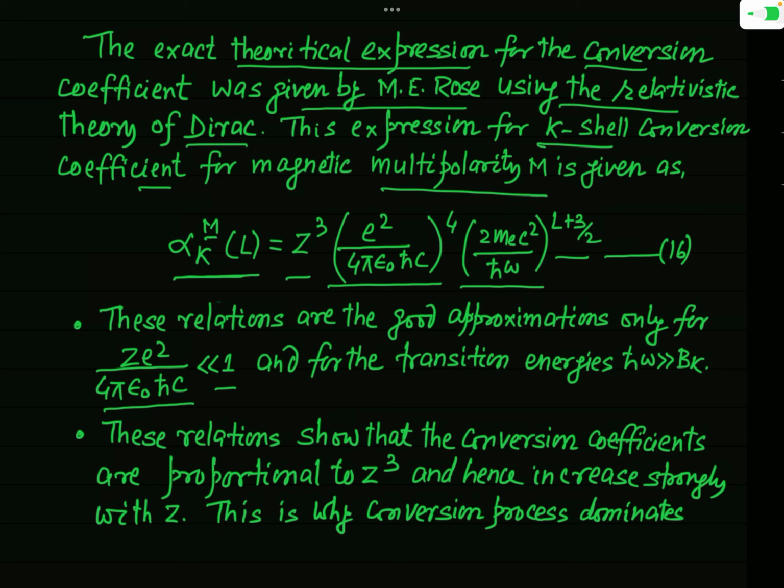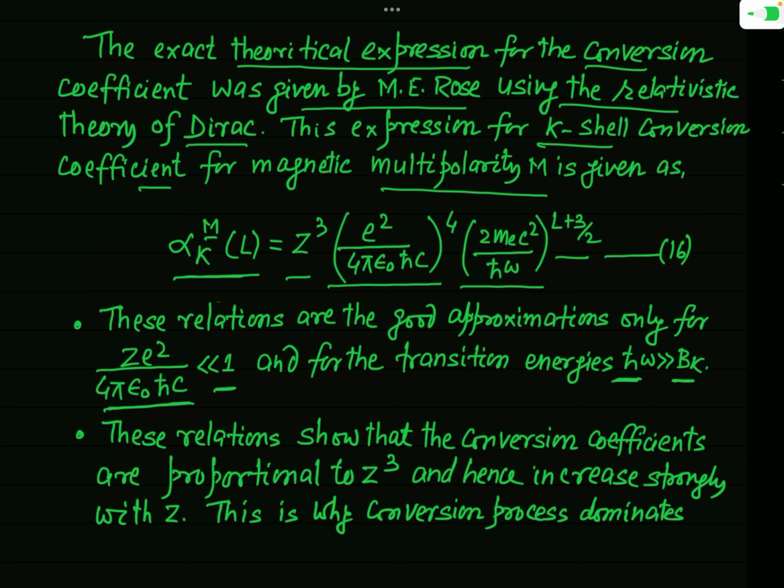Also, you have seen that in this calculation we assumed that ħω is much greater than B_K, because we neglected the binding energy of the electron in the K shell in comparison to ħω. So these results will hold when Ze²/4πε₀ħc is much smaller than 1, and the transition energy ħω is much greater than B_K.